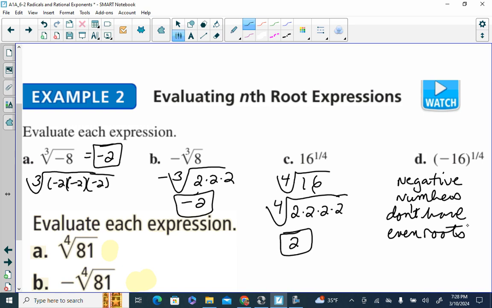Meaning there's no number that I can multiply an even number of times that would give me a negative product, right? So the answer would be not a real number.